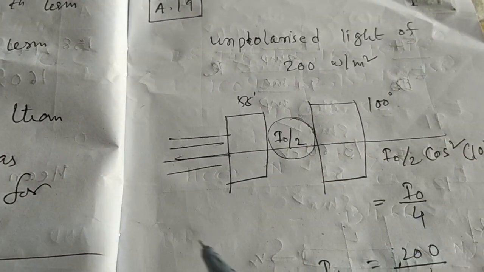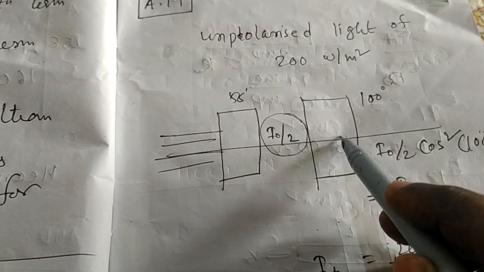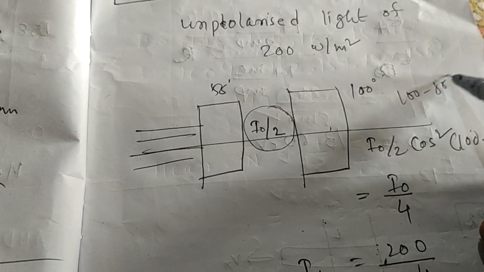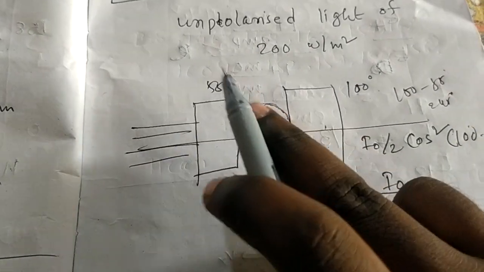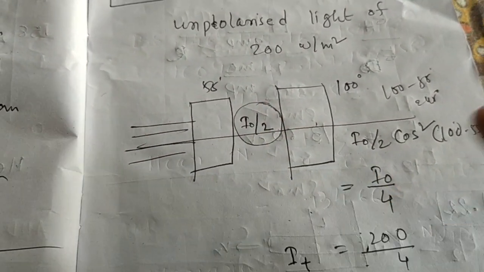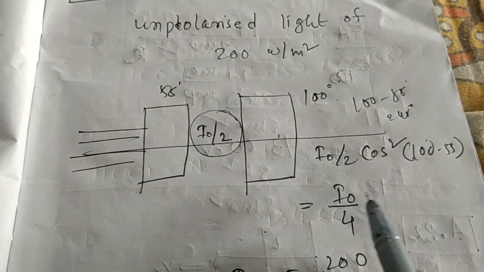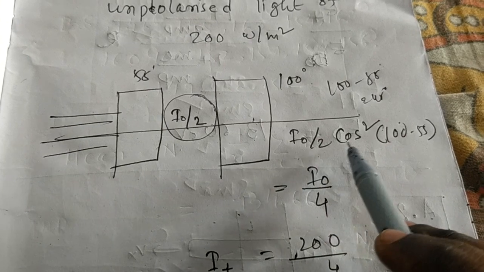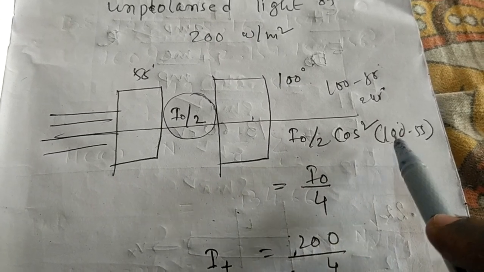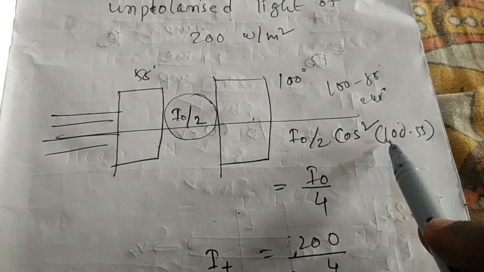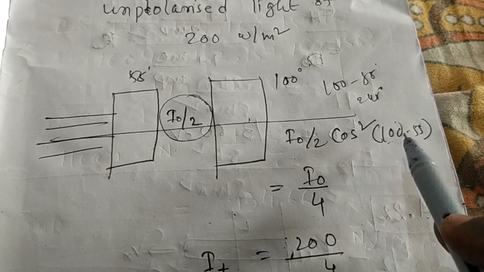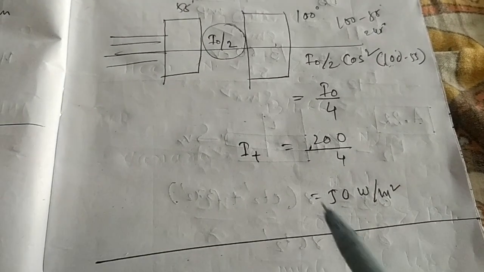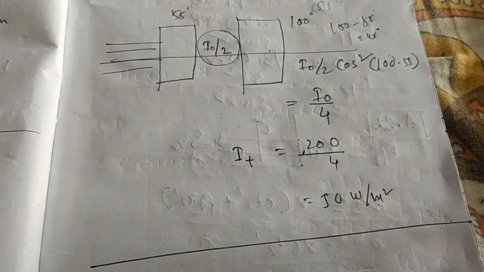And then the second polarizer is at 100 minus 55, that is 45 degrees with the first polarizer. So again this will decrease the intensity, with the formula I0 by 2 cos square theta, where theta here is 100 degrees minus 55, that is I0 by 4. Okay, so the answer will be 50 watt per meter square.